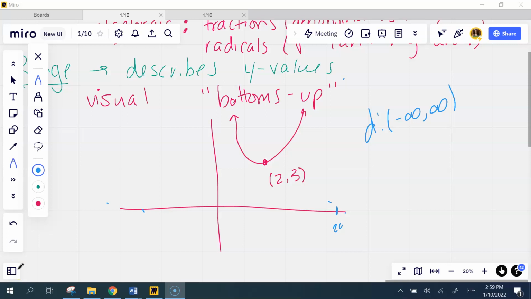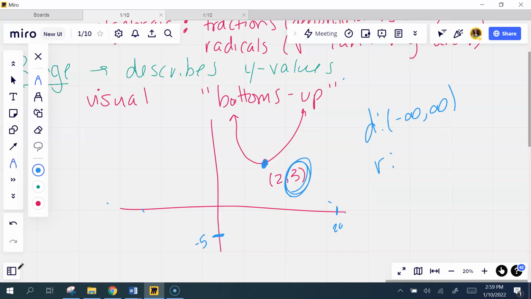This is just how we indicate there are no restrictions. It can be anything you want it to be. For the range, remember we want smallest to biggest, bottoms up. So if I look from the bottom up, there's no graph here. If this is my y value, let's say -5, there's no graph that goes with that, so that's not in my range. In fact, the smallest value that y can ever be is 3.